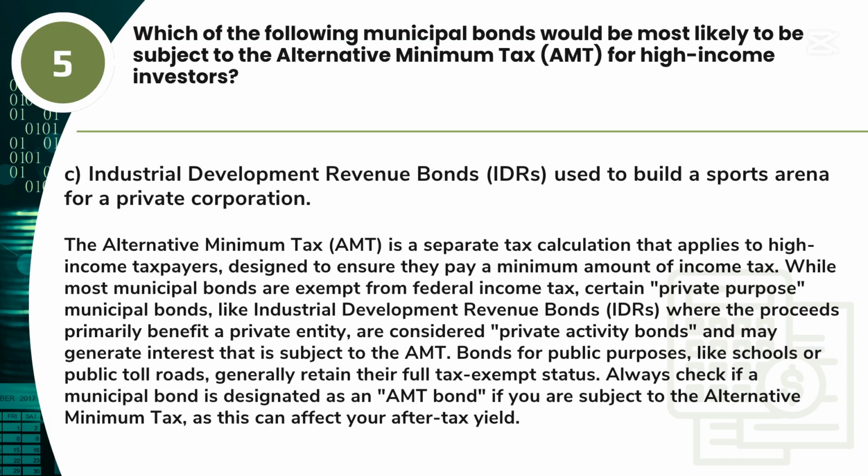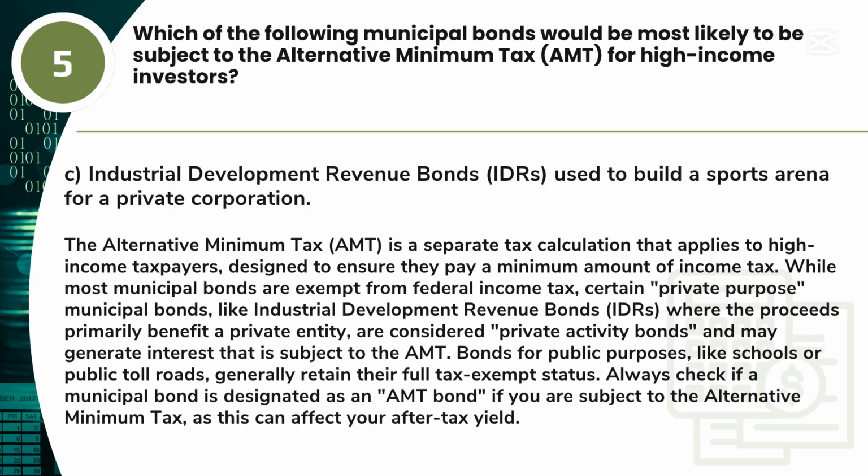Answer: C. Industrial development revenue bonds, IDRs, used to build a sports arena for a private corporation. The alternative minimum tax, AMT, is a separate tax calculation that applies to high-income taxpayers, designed to ensure they pay a minimum amount of income tax.